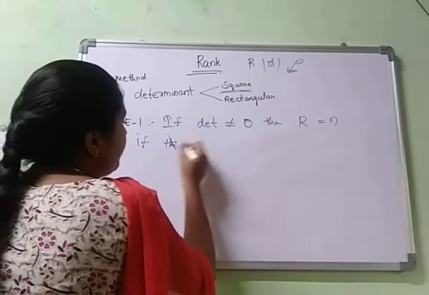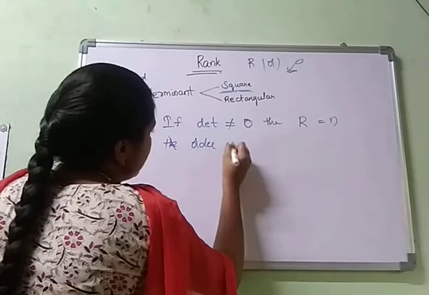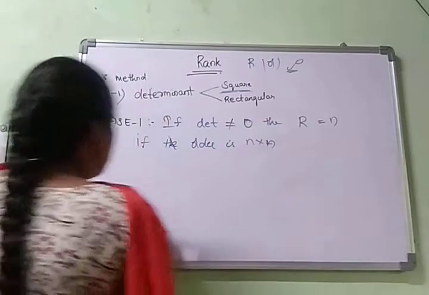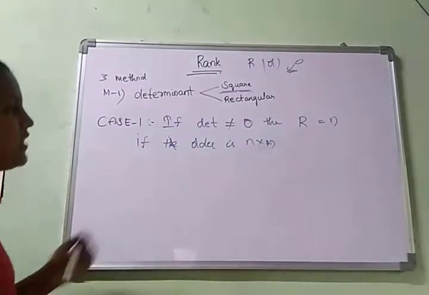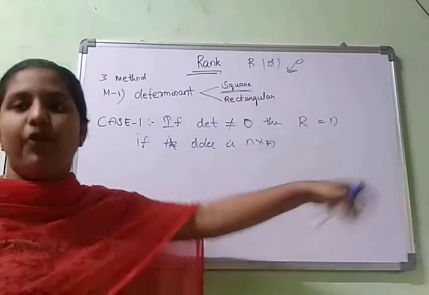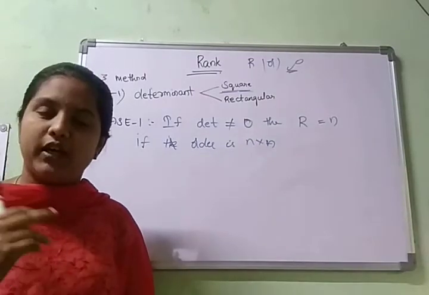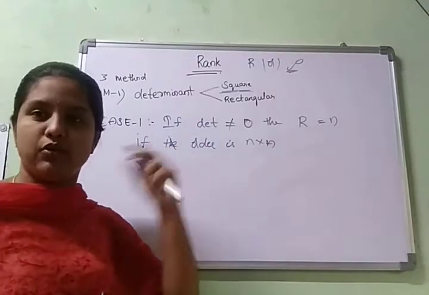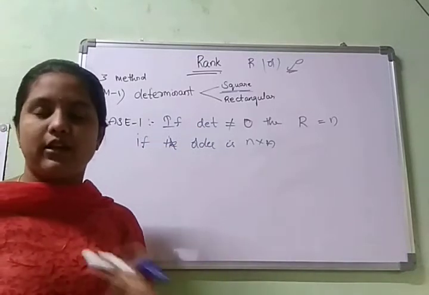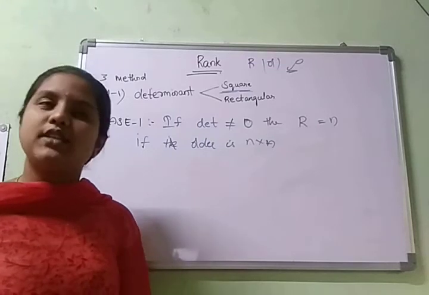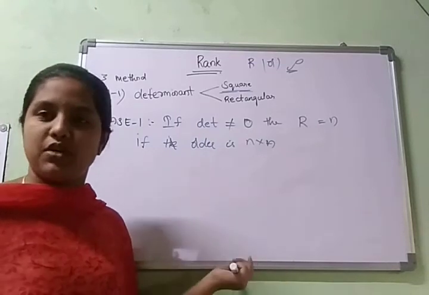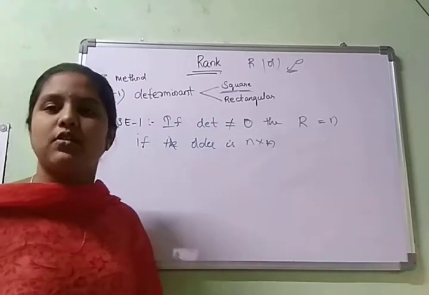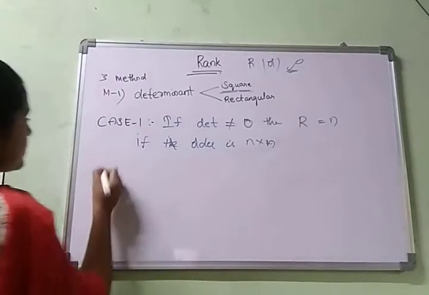If the order is n into n, as I said, it's a square matrix, then the rank will be n. I have told you about two types of matrices on the basis of the determinant: singular and non-singular. A singular matrix is one where the determinant is equal to 0; if the determinant is not equal to 0, it is obviously non-singular. So you can remember it that way also. Now we can discuss case 2.